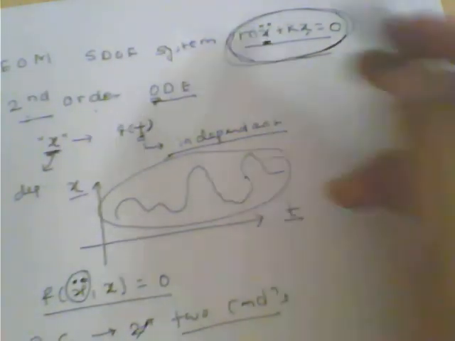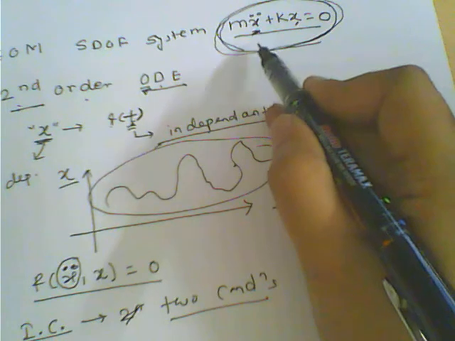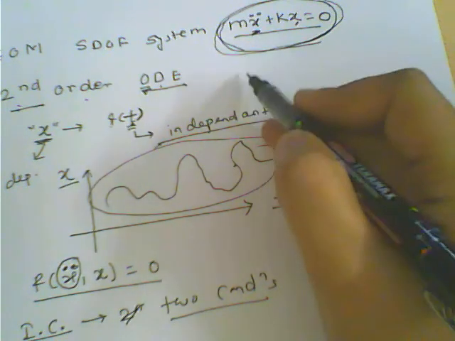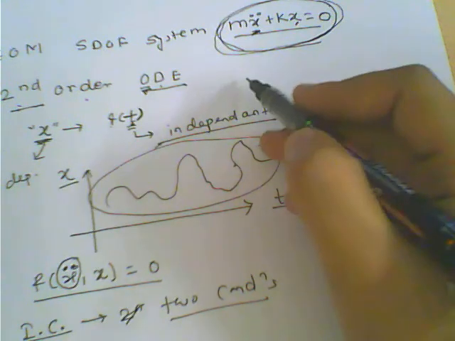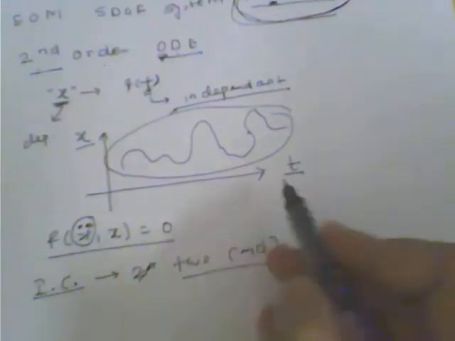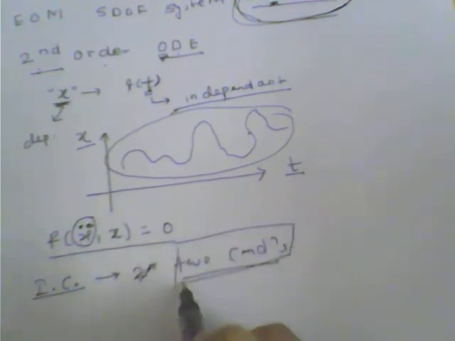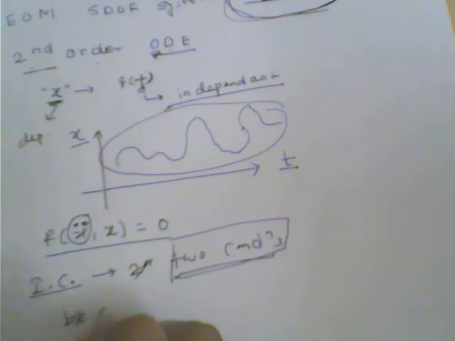When we solve this equation, two unknown constants will appear, and those constants need to be determined. In order to get a unique solution, we need two conditions. Those conditions are specified at the beginning, at the start.